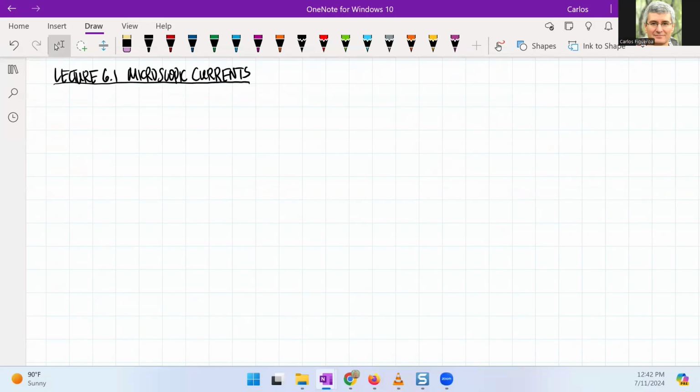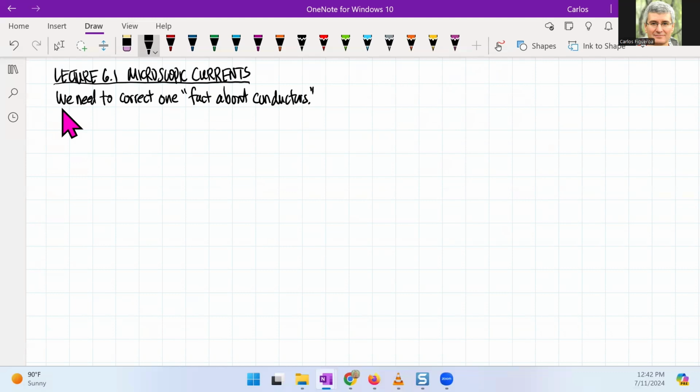So before we get into microscopic currents, we need to correct one so-called fact about conductors, because we didn't say this, but we have to say it now.